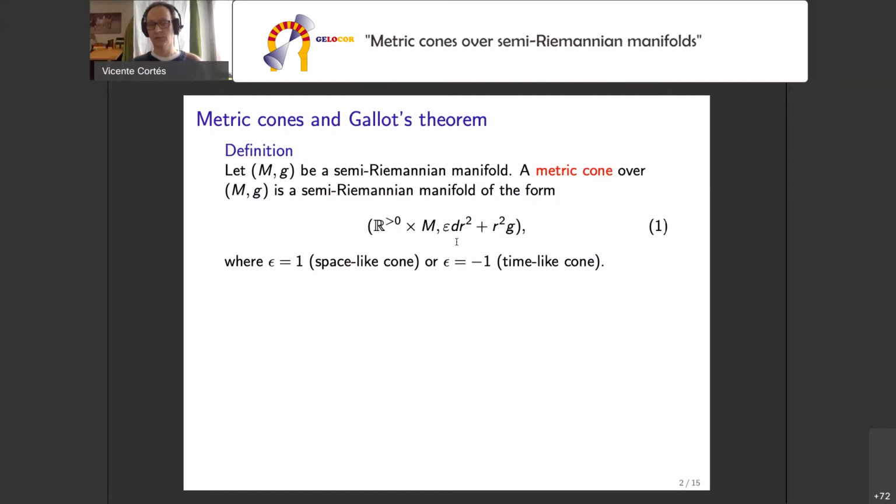Up to a sign epsilon, which is plus or minus 1, it is epsilon dr squared plus r squared g. And in the first case, when epsilon is plus 1, one speaks of the space-like cone. And in the second case, for epsilon minus 1, one calls the cone the time-like cone.